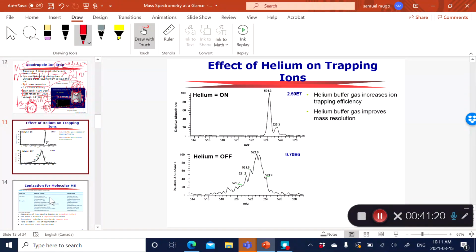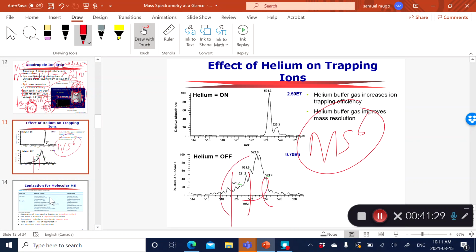Now, the ion trap typically requires a bit of helium. So, in fact, when I'm talking about doing tandem MS, essentially helium is what people use to collide with the ion, so that you can get the daughter ions as well.